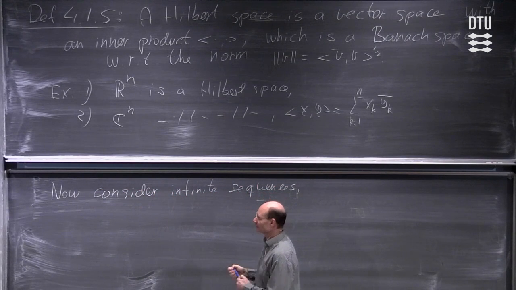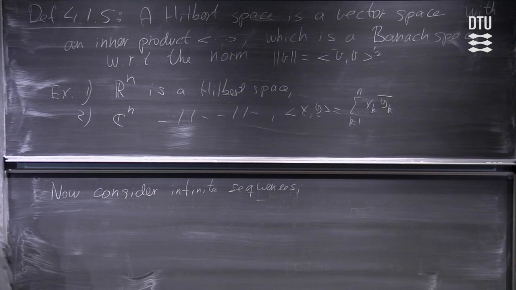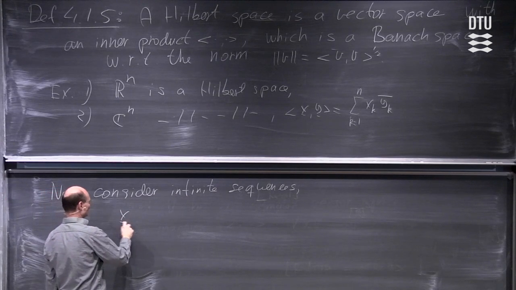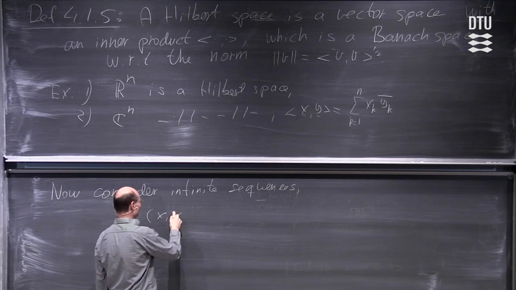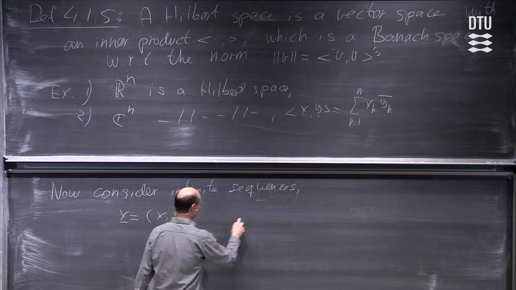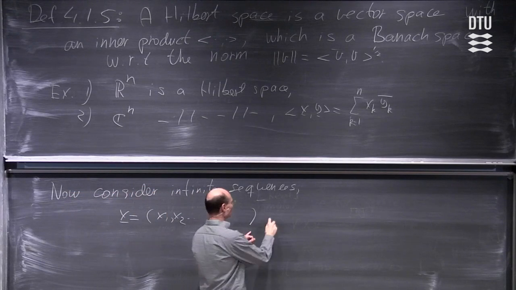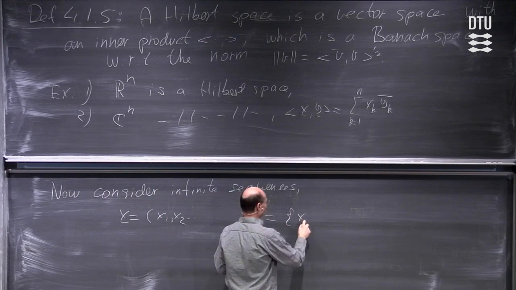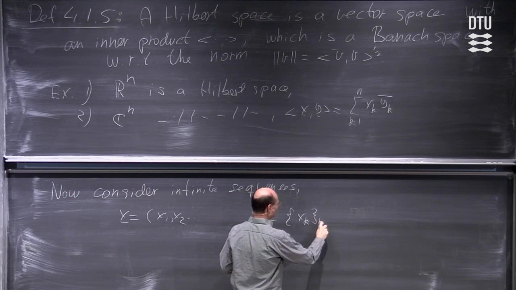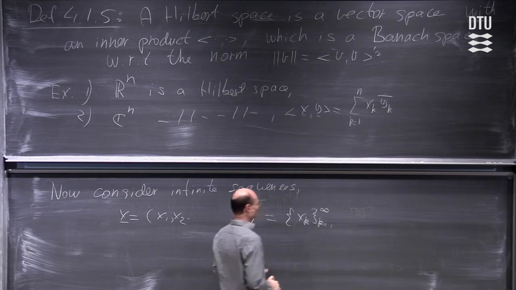So let's use the same notation again. So let's begin by writing x like this. So take x equal to x_1, x_2, and then it's just an infinite sequence now. And you know, we also wrote this as x_k, k going from 1 to infinity.